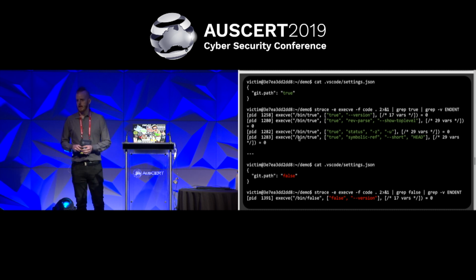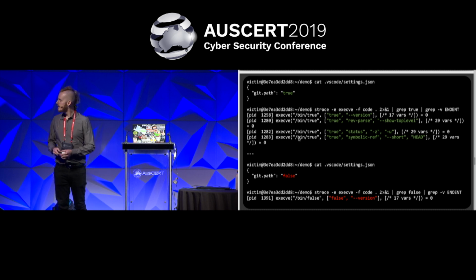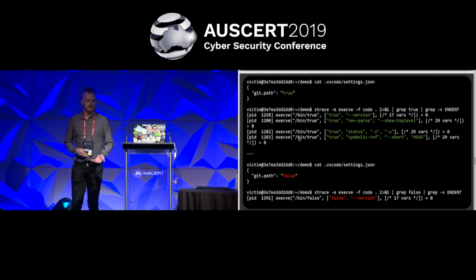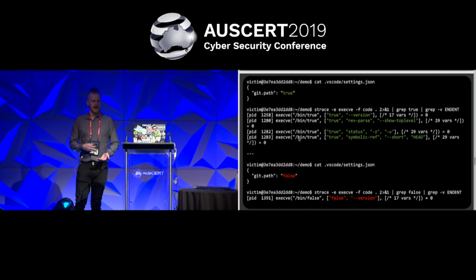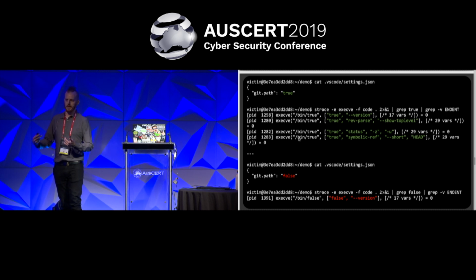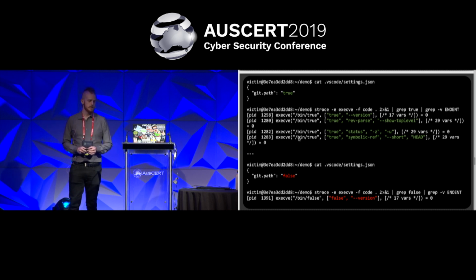And when I set the Git path to be false, which according to the man page does nothing unsuccessfully, it was only doing false --version and giving up. So I could see that if any of the attempts by VS Code to run Git using the path I told it to failed and it got a non-zero exit status back, it would give up and go, I'm not going to try and run Git anymore.